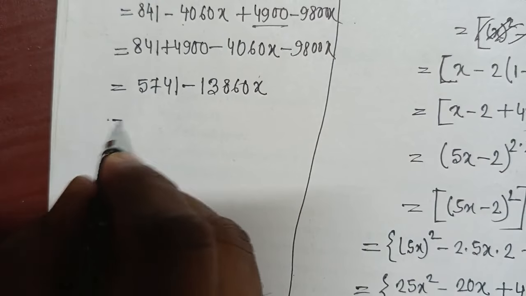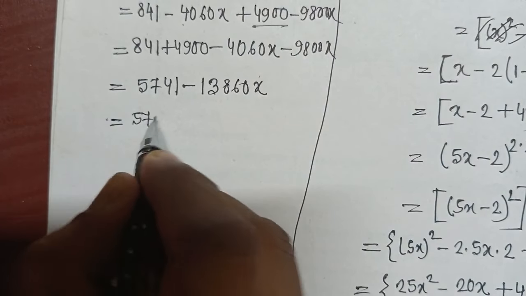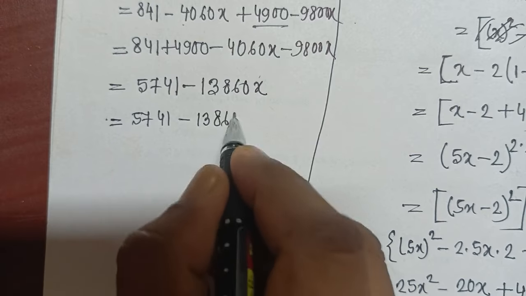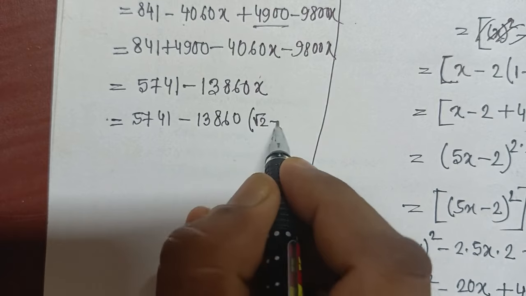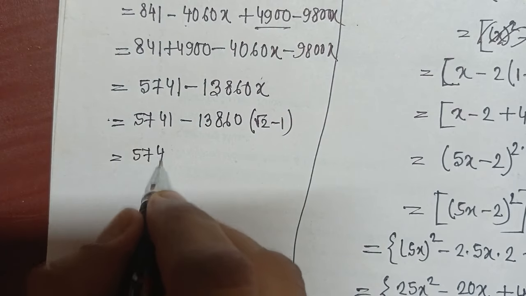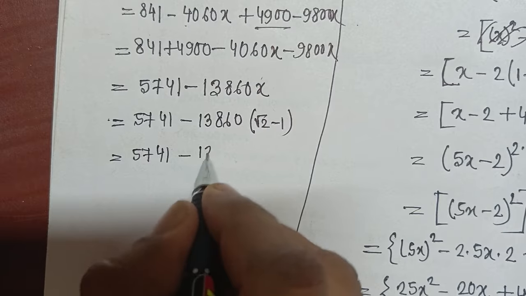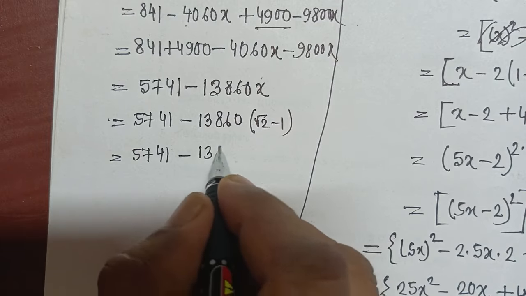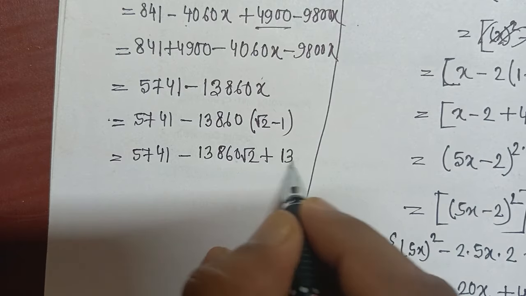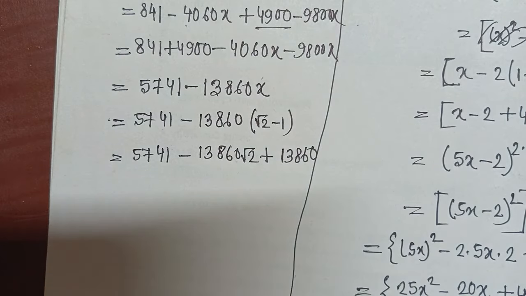Now we are going to put this in: 13860(√2 − 1). Then we get 5741 − 13860√2 + 13860.